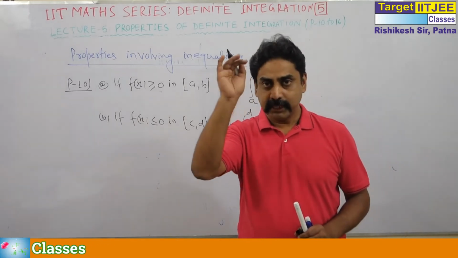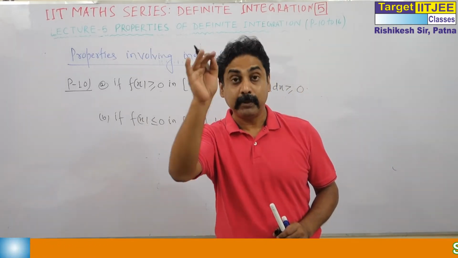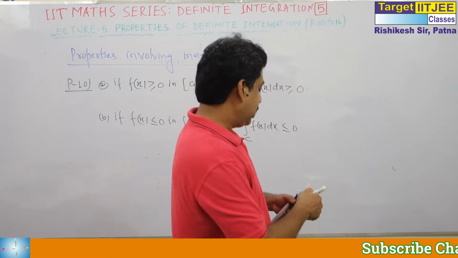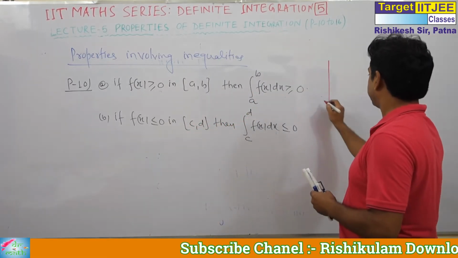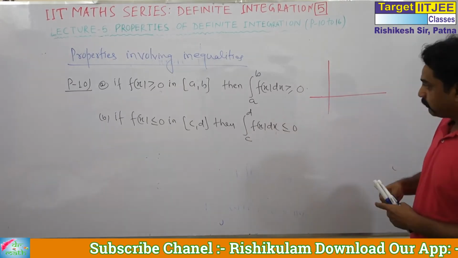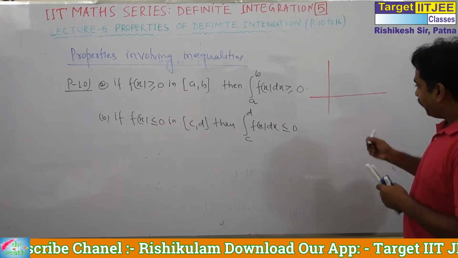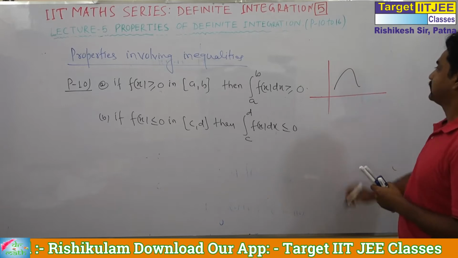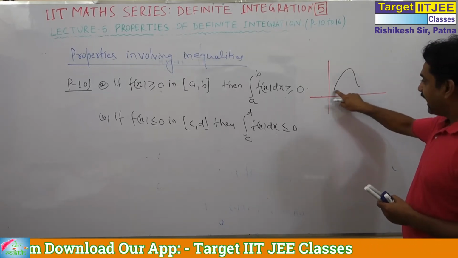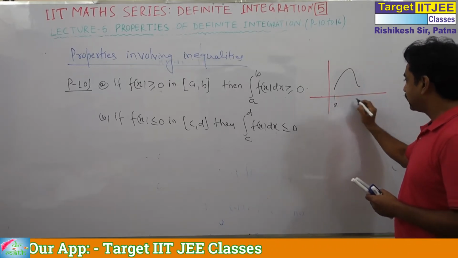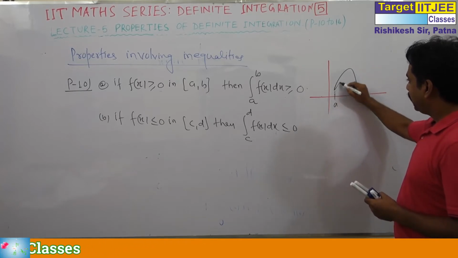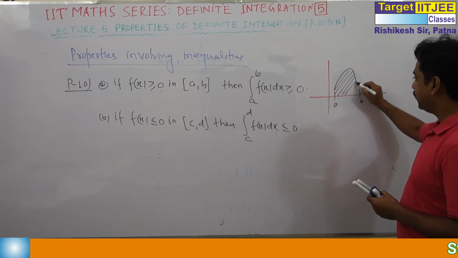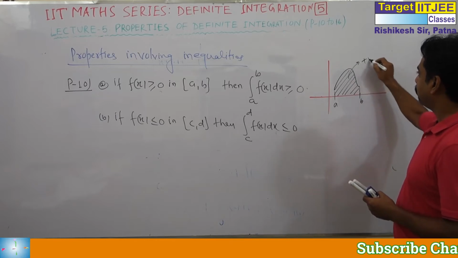What does this property want to say? Actually, this property suggests that if the graph of a function lies above the x-axis, and when we integrate it, you know this is area, then this value is positive.